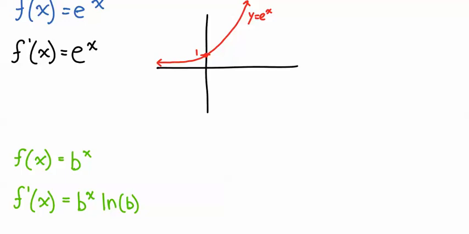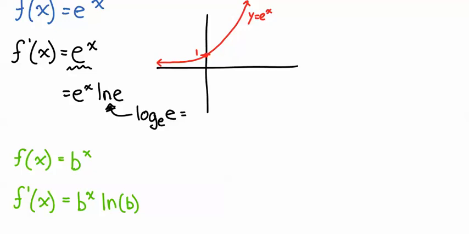So that's what we found out was our exponential function's derivative. And I should mention that for e to the x, technically its derivative is e to the x ln e, same thing as before, but it turns out that ln e is equal to 1. If you think about our logarithms, ln is log base e. That's what ln stands for, the natural logarithm, so it's got a base of e.